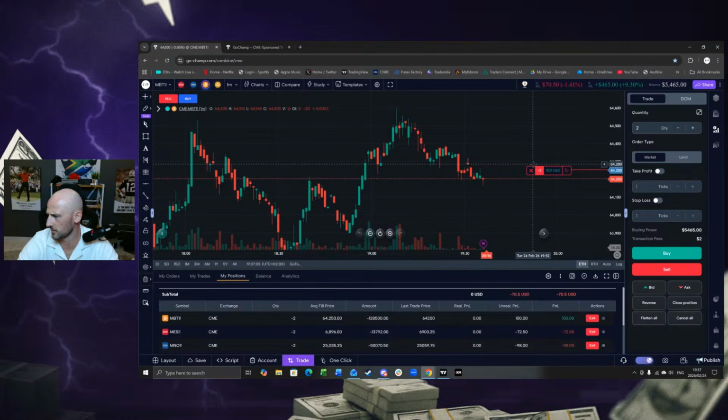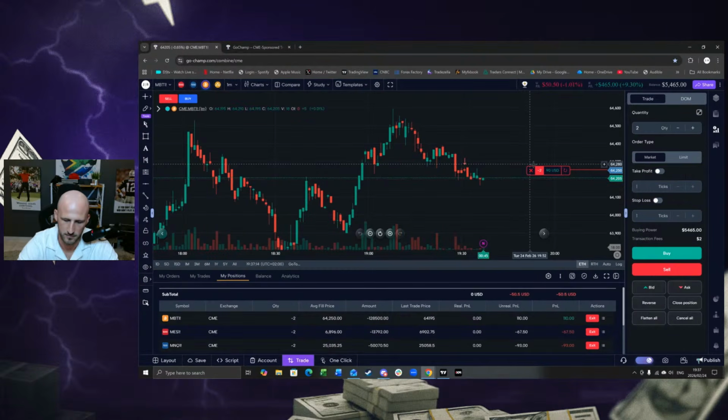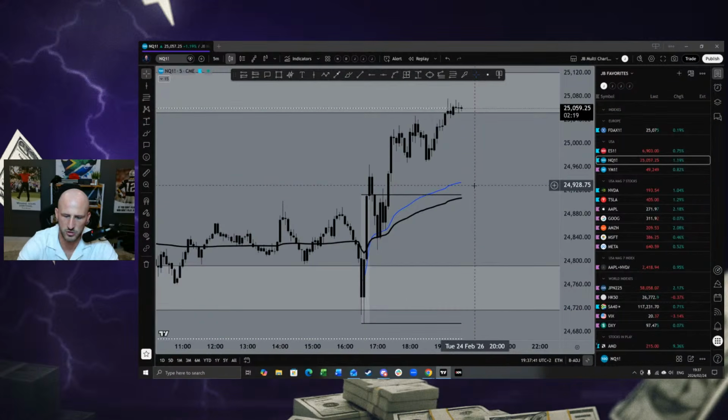Looks like the indexes are coming down as well, but I'm definitely going to check that out. So we're up on that Bitcoin trade, but the index is just stalling a little bit here. Just showing you how you can trade different assets as well.